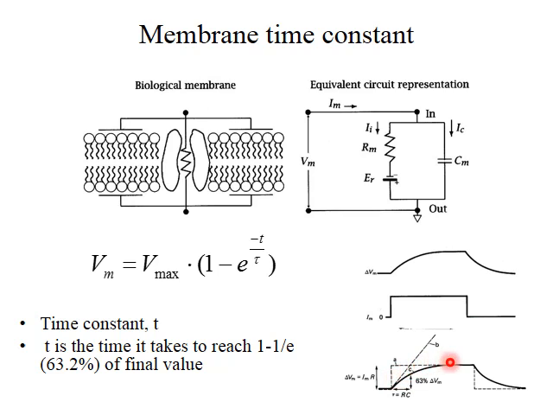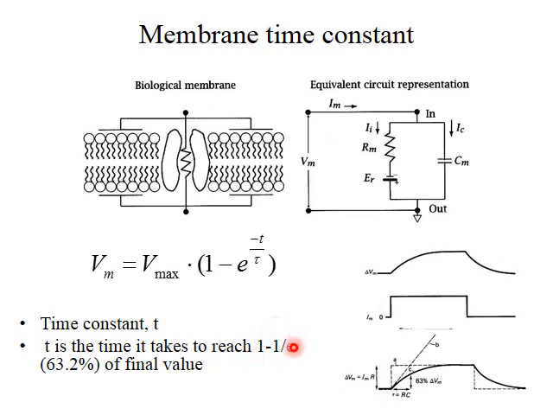this exponential curve has a time constant which is defined by tau, and if we look at the time it takes the membrane potential to reach 1 minus 1 over e, that time it takes is given by the time constant.